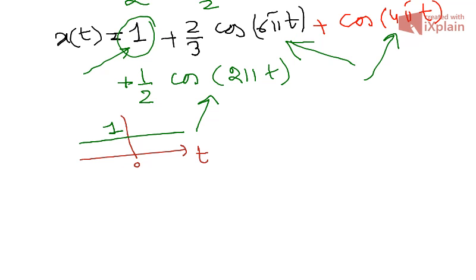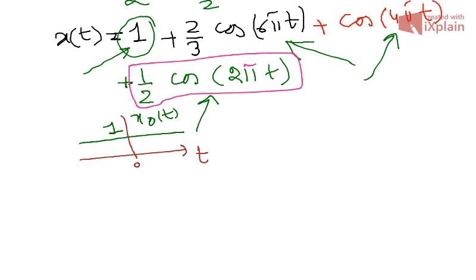This is the first signal, which I may call x naught of t. My second signal, if you observe closely, instead of taking this one, let's first take this one, whose frequency is lower than that, cos of 2 pi t.